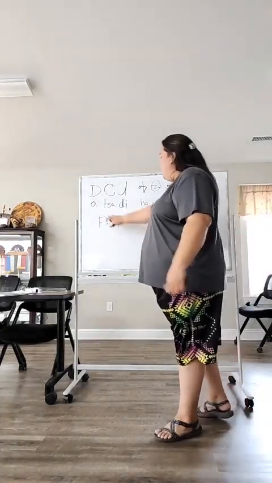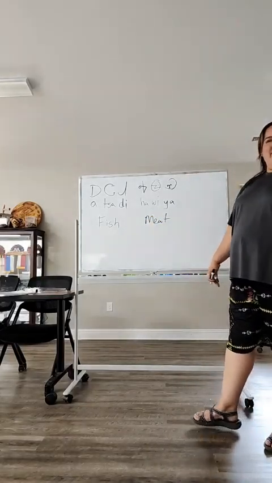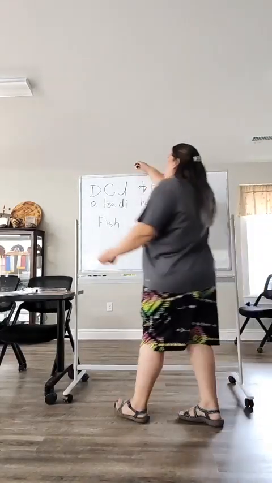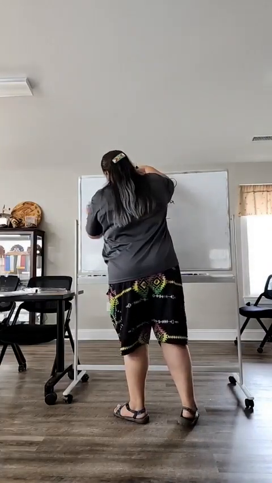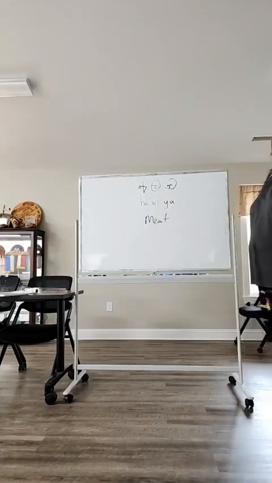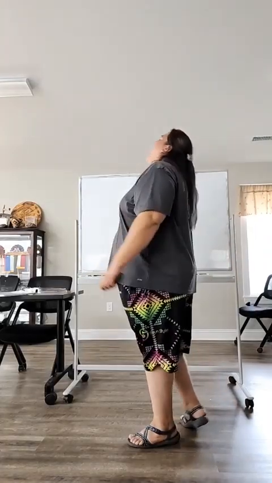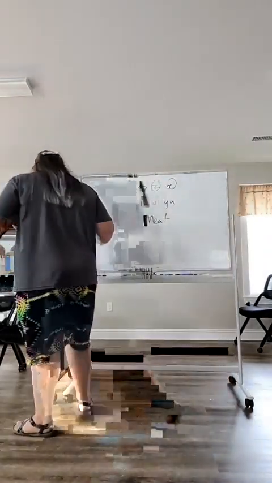Or azadi hawiyah. Fish meat. That's what I want to eat, right? Fish meat. How about Inada? You want to eat a snake? I don't want to eat a snake. Inada hawiyah. Rattlesnake. Some people eat rattlesnake. Yeah, some people do that.